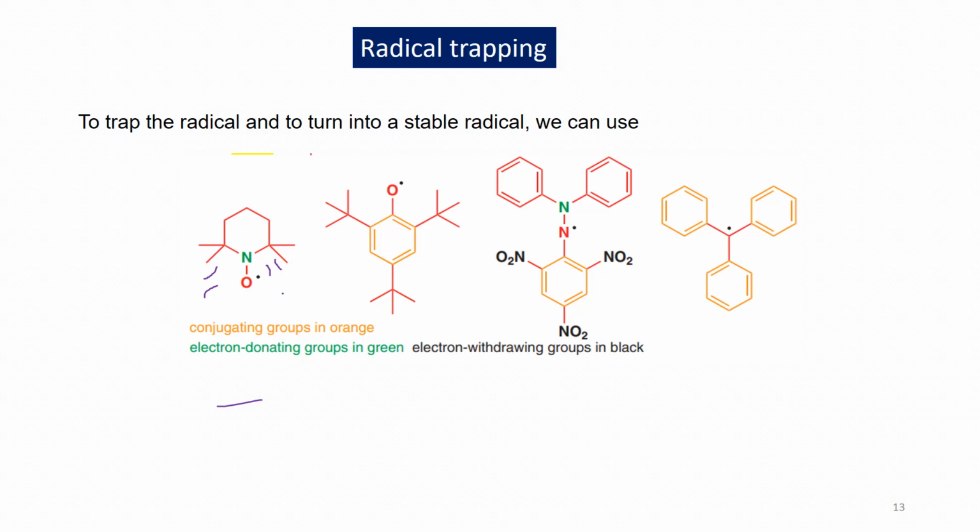To know whether a reaction is going through a radical or not, if you are adding this type of reagent, suppose a reaction is this one. Now we want to know whether this reaction is going through R plus, R minus, or R radical. How can you know that?